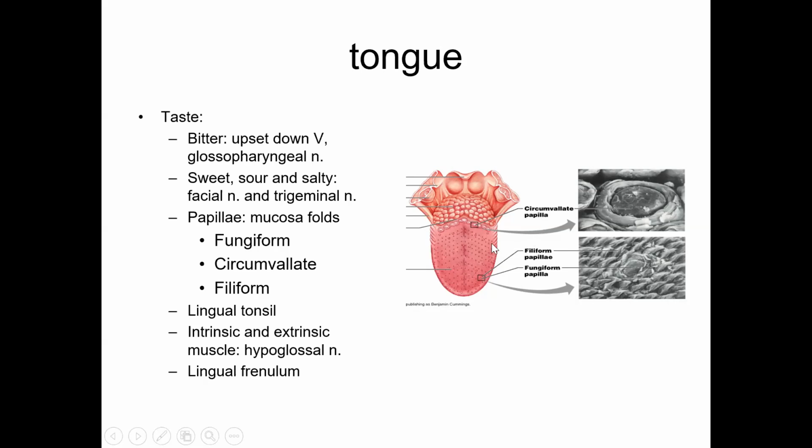Now on the anterior two-thirds of the tongue right here, there are two types of ridges. One is called fungiform, another one is called filiform. If you just look at the filiform, it's kind of like this.